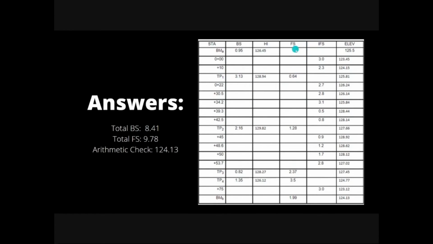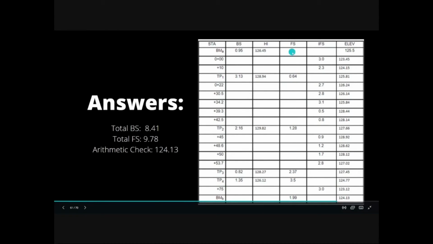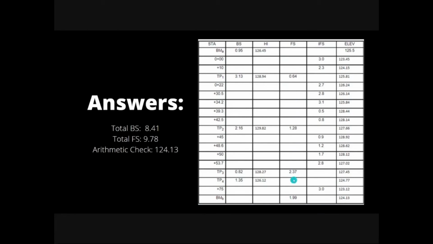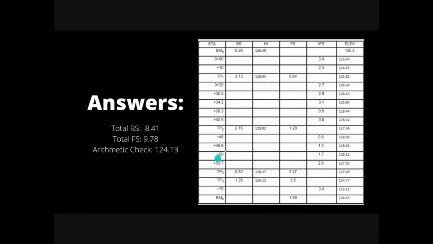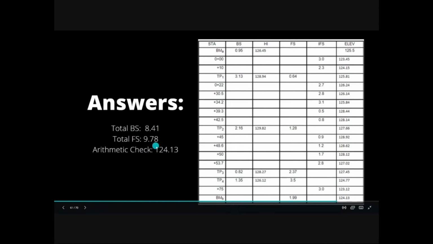That is why we made a new column. This is the foresight value and the intermediate foresight values. The only difference is these are the stations, and the foresight values here are all turning points and benchmarks, and the data here are all from stations. So we added these values and we were able to get 9.78.